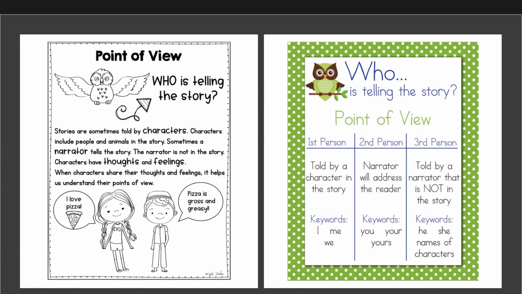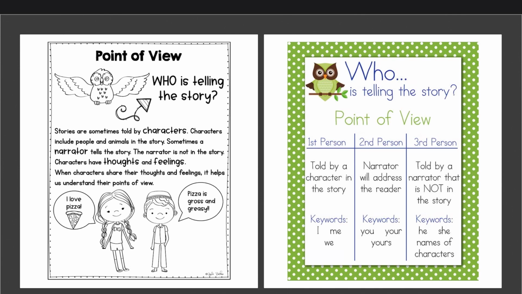There are 3 different points of view that we can look at. When we look at first person, it's told by a character in a story. And we can tell because the key words that they use, or the pronouns that they use, are I, me, and we. Second person point of view is when the narrator will address the reader, and they will say you, your, and yours, as if you are a character in the story.